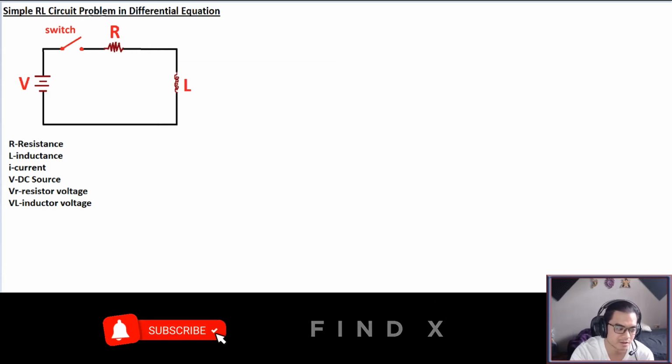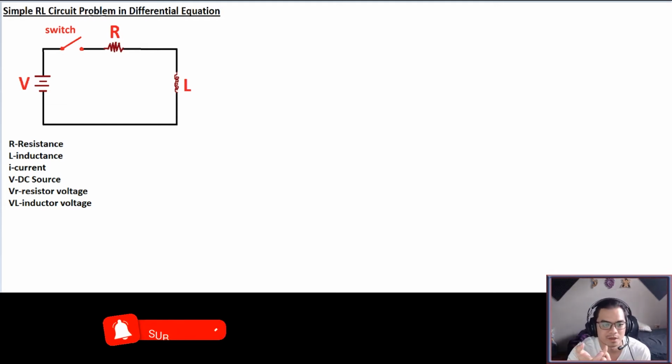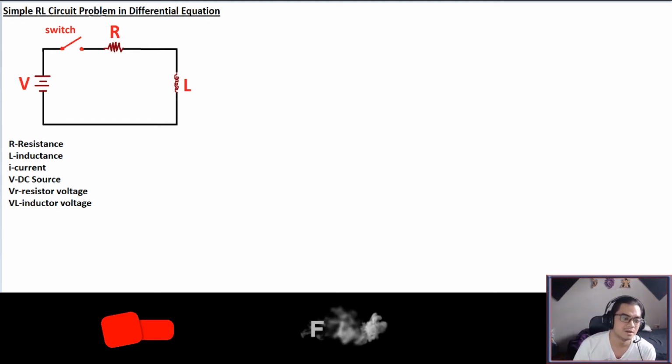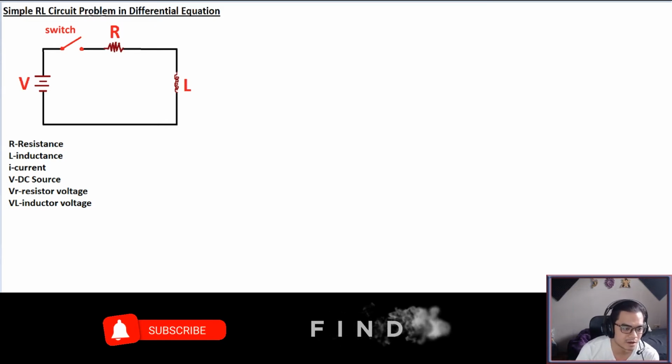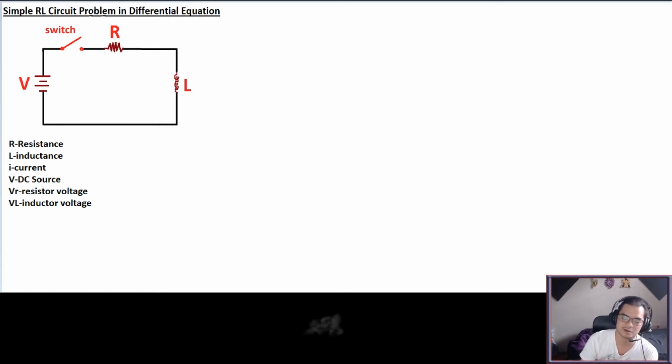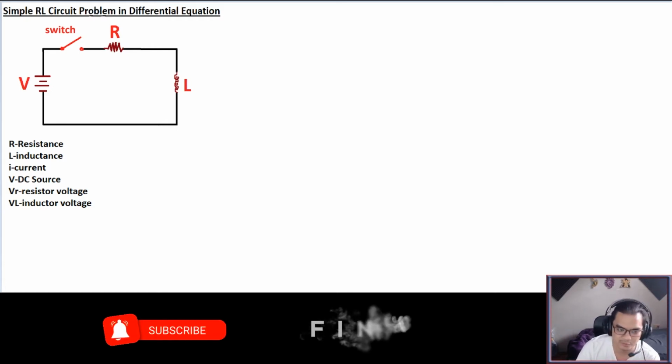That is the current that we will solve, not the actual current after 2 seconds or 3 seconds. This will be just during the switching, so it will just be a millisecond. Here R is the resistance, L is the inductance, I is the current, V is the DC source, and VR and VL are the resistor and inductor voltage respectively.